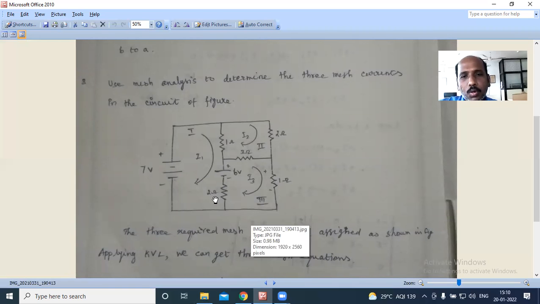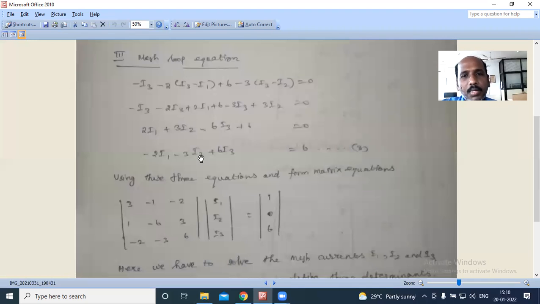The currents that flow through the 2 ohm resistor are I3 and I1. So -2 into, I said always when a resistor is there, put a minus sign. Since I am writing the equation with respect to mesh 3, it is I3 minus I1. So -2 into I3 minus I1.